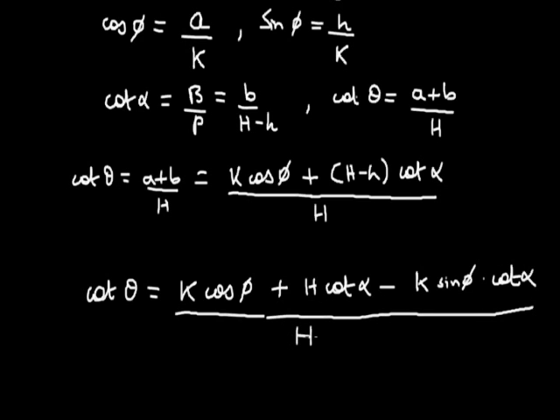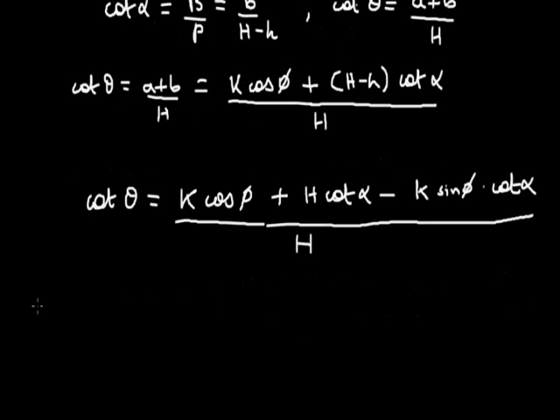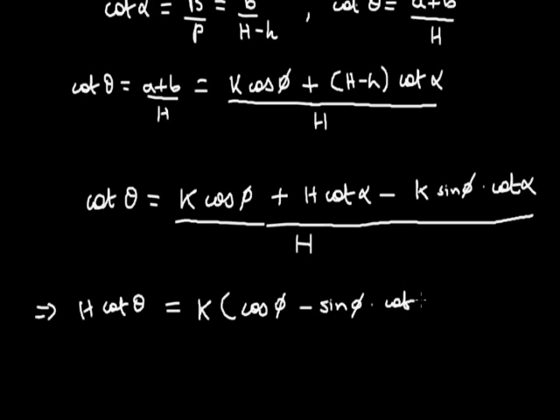capital H. Now we'll cross multiply and solve this equation. If we cross multiply we get H cot theta is equal to, and in the RHS we'll take k common, so we get k bracket cos phi minus sin phi into cot alpha bracket close, plus H cot alpha.